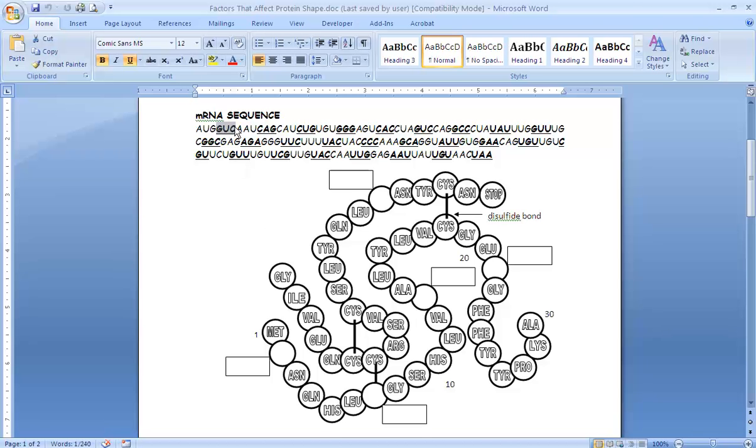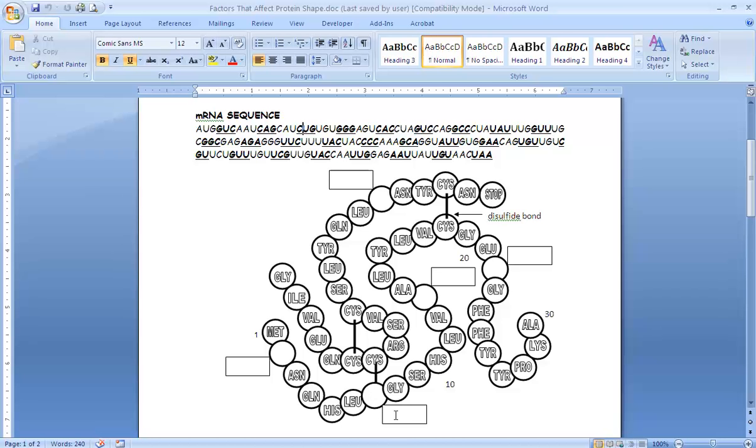The third amino acid in this polypeptide is coded by the sequence AAU. You need to continue moving through the polypeptide, moving through these triplets, these codons, one codon at a time, until you find the codon that's associated with this amino acid.